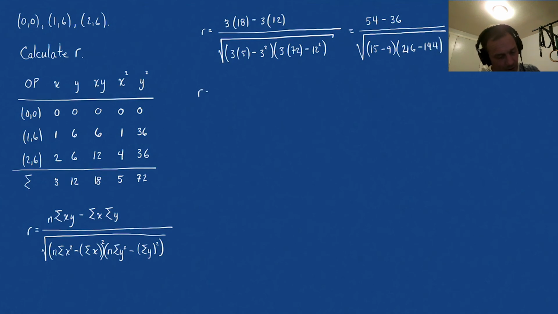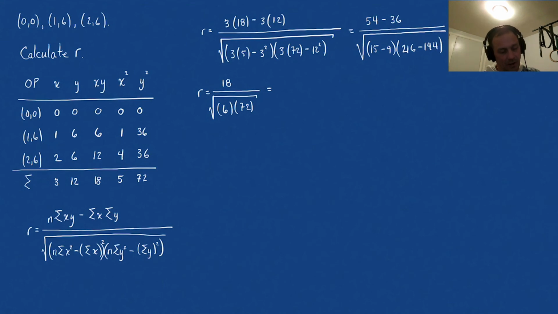So r is equal to 54 minus 36, that's 18, over 15 minus 9 is 6, and then 216 minus 144 is 72, square root of that.